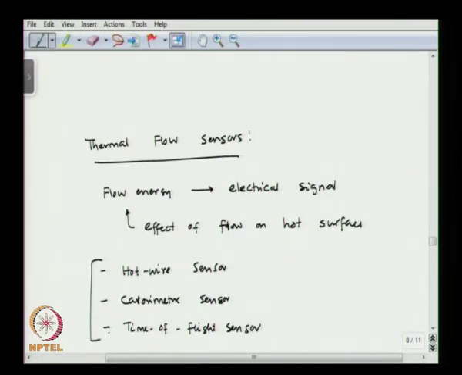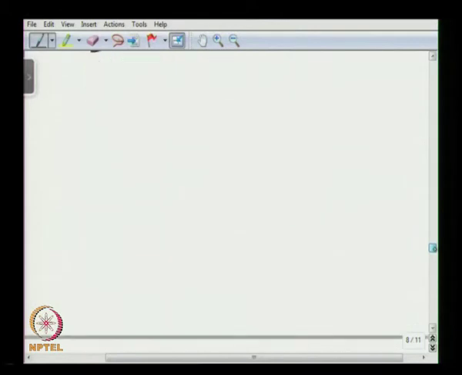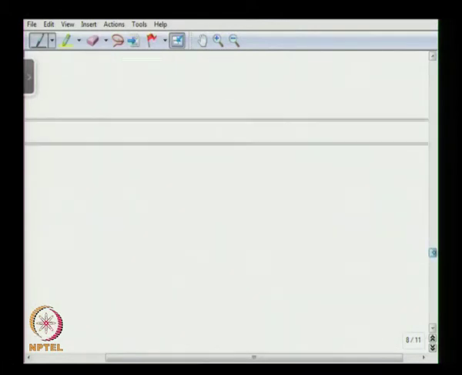Okay. So, first look at the hot wire sensor. So, let us look at the hot wire sensor.